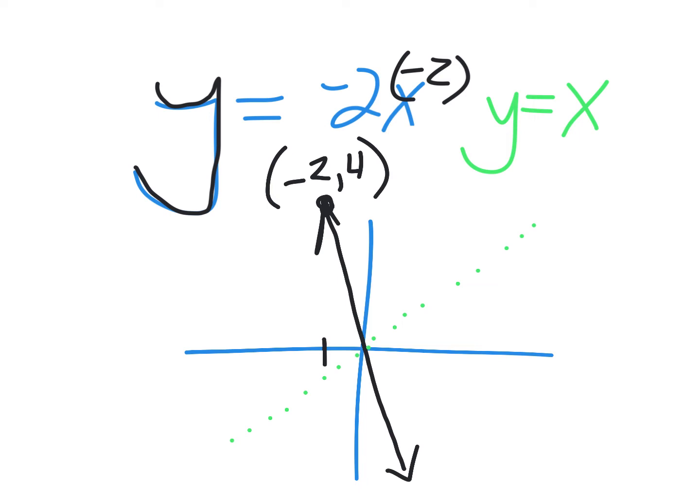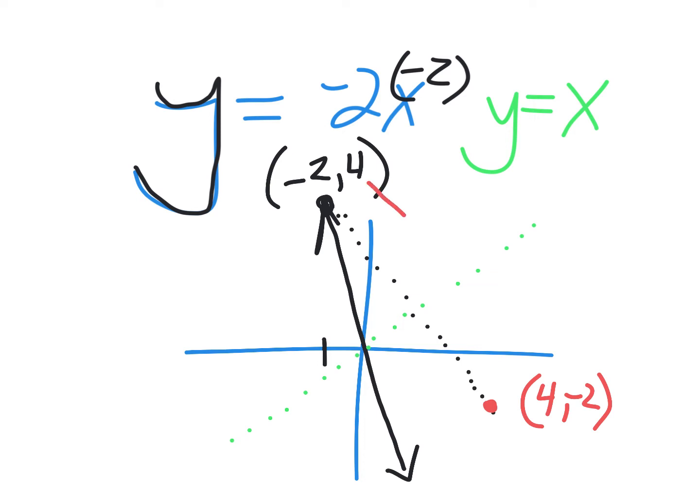Now, if the x and the y really switch around, then the x becomes the y and the y becomes the x. So the new point that would be straight across the line would be, if it's just x and y switched, 4 comma negative 2. Does that make sense to you?